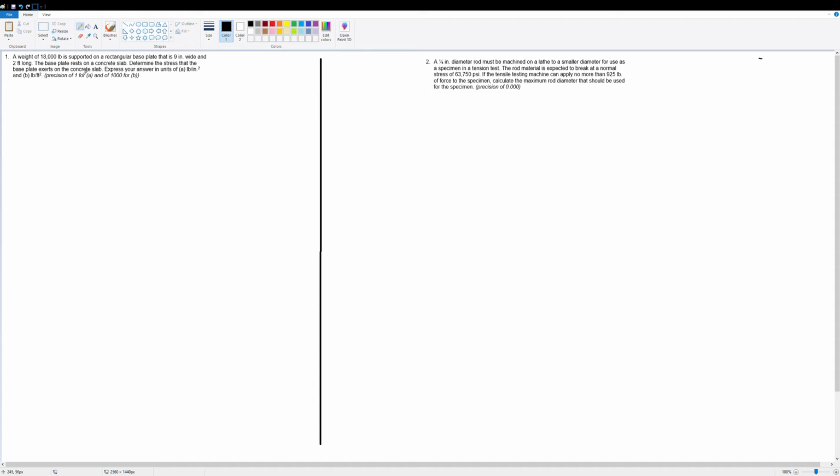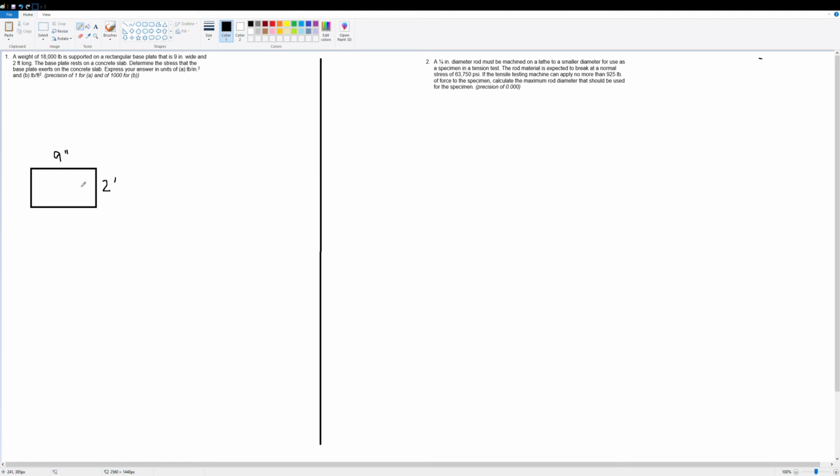It says a weight of 18,000 pounds is supported on a rectangular base plate that is 9 inches wide and 2 feet long. Okay, so I have a rectangular base plate that is 9 inches by 2 feet long. As you can see, this is definitely not drawn to scale because I have the 2 feet smaller than the 9 inches, but whatever.